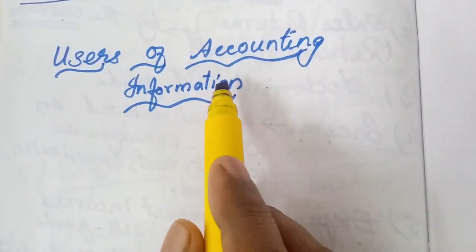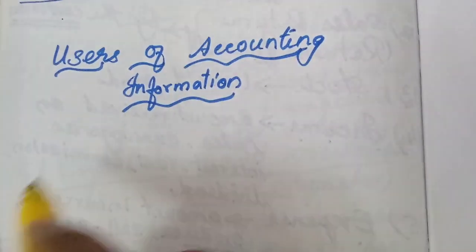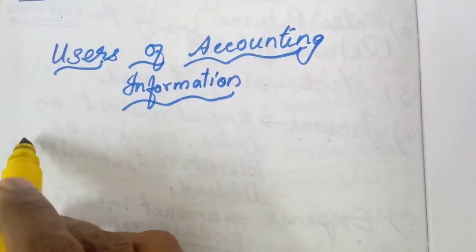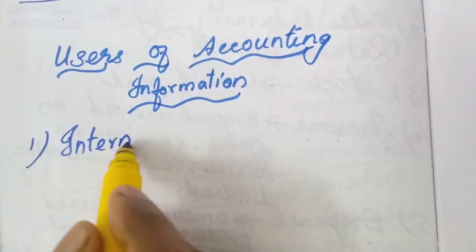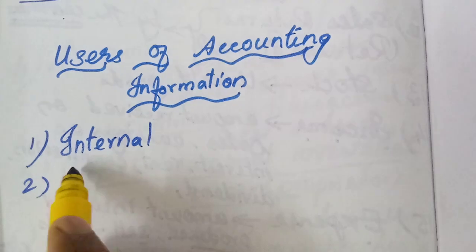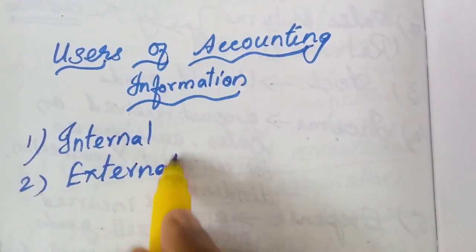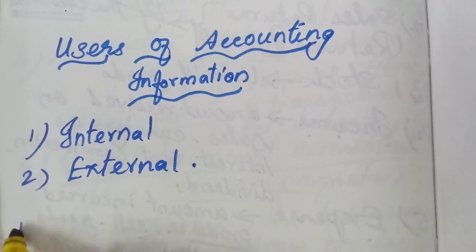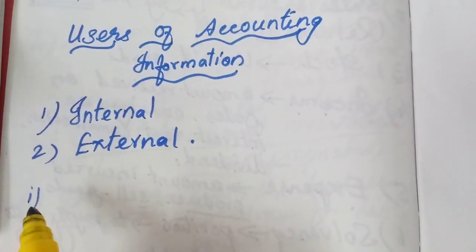Who are the users? The total users are divided into two. One is internal users and the other one external users. Then in the internal users, who are the internal users?